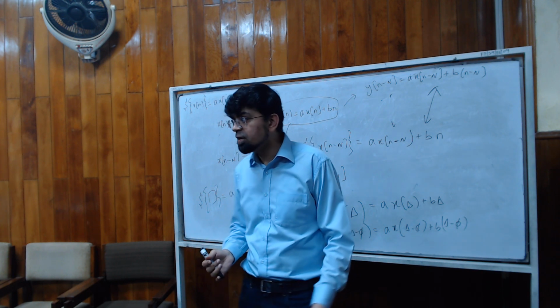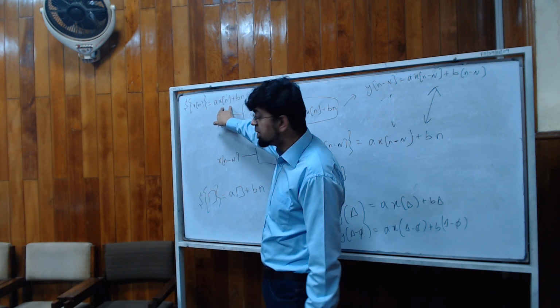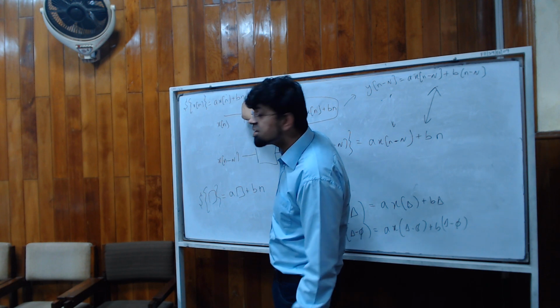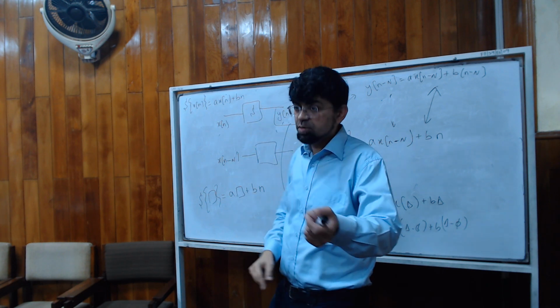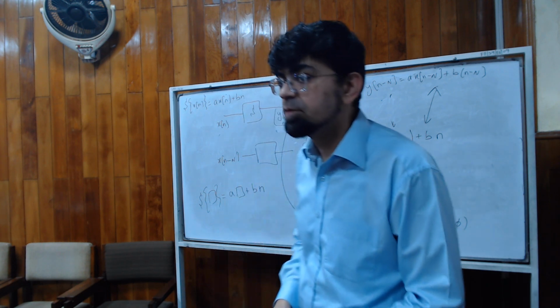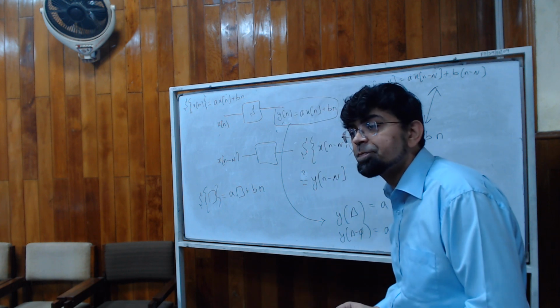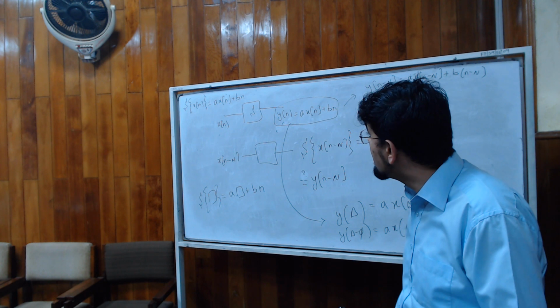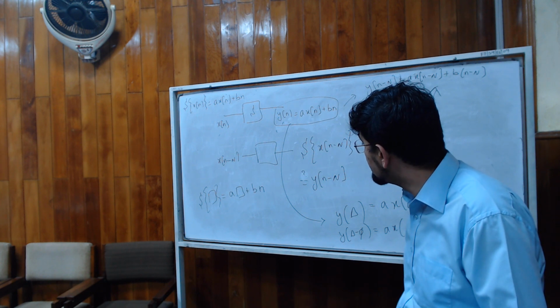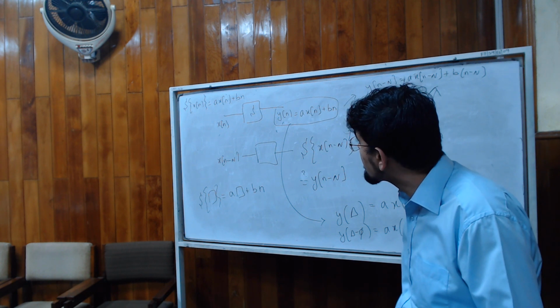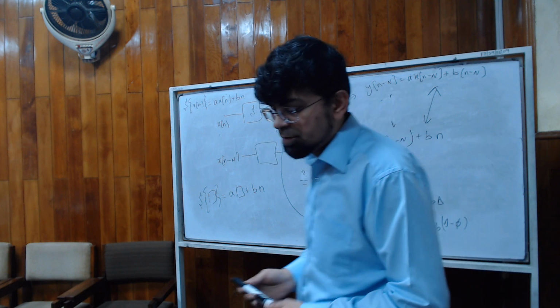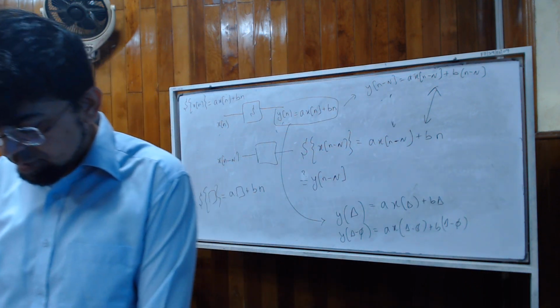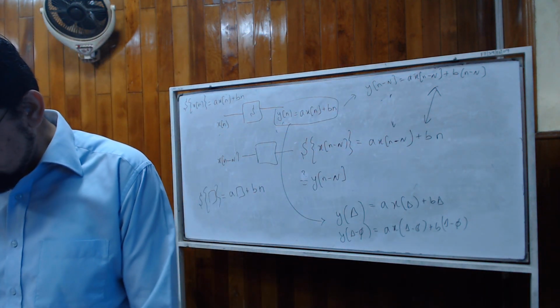It's not just the input that matters, it's the time instant at which you give me that input. That's also going to matter. That is what a time varying system is; its behavior becomes different. So that's a shortcut to finding time variance or time invariance.